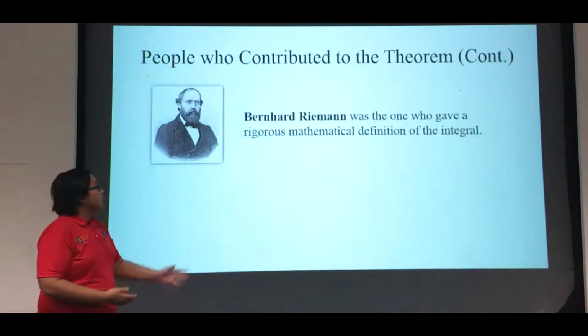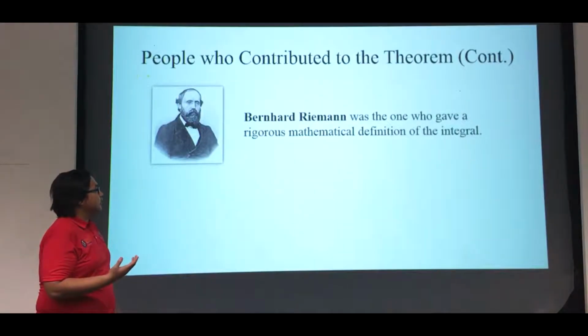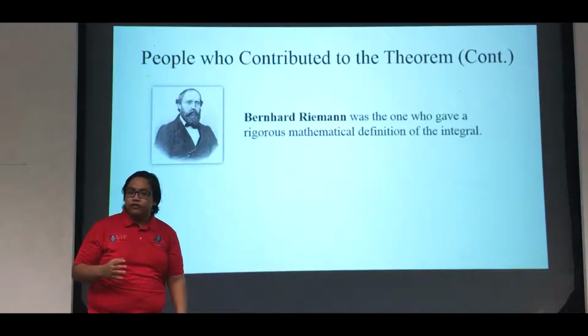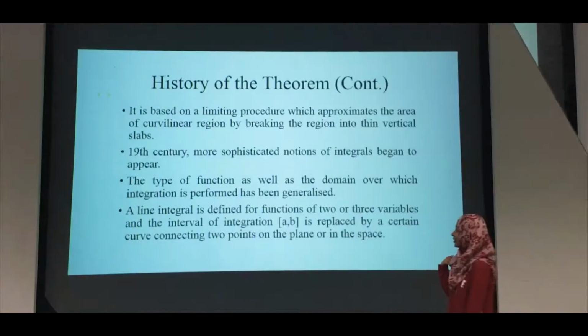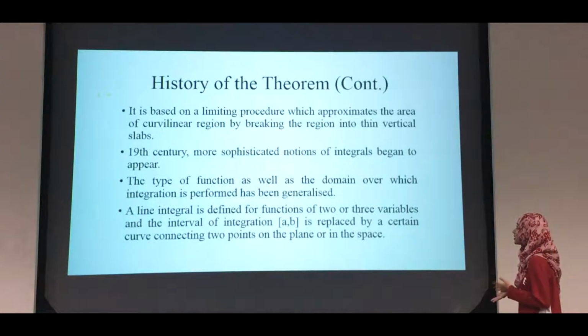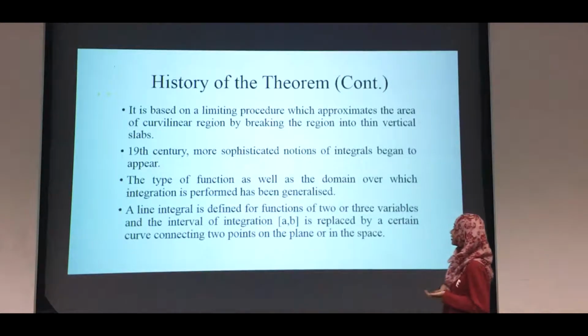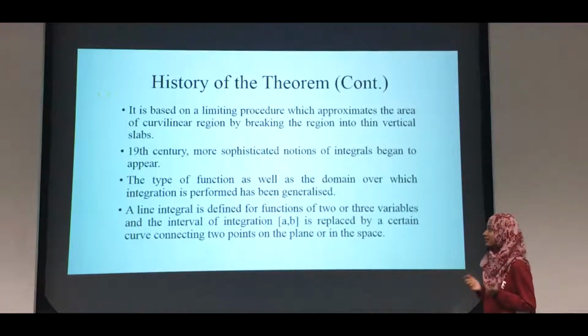And finally, Bernhard Riemann was the one who gave a rigorous mathematical definition of the integral. Bernhard Riemann gave a definition based on a limiting procedure which approximates the area of a curvilinear region by breaking the region into thin vertical slabs.